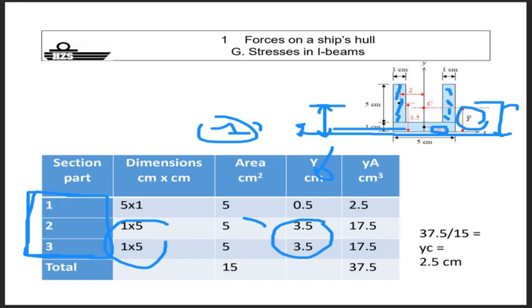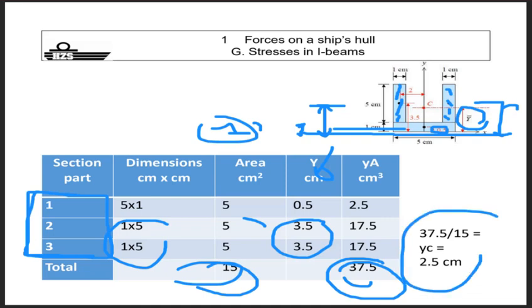This you sum up. If you sum this all up and divide it by the total area, you end up with the distance, because you have an area multiplied by distance divided by the total area, again an area, and that is the position of your center point.